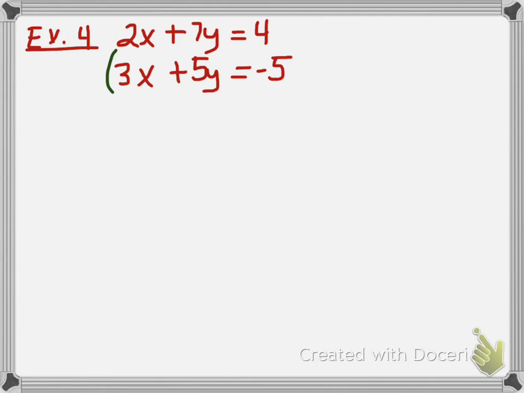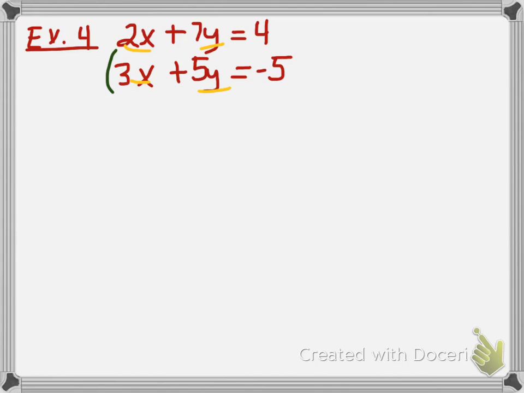So first of all, I need for you to analyze what's going on here. Look at the 2x, look at the 3x. 2 and 3, not even the same number, but of course both of those are x's. And then 7 and 5, not the same number, they both have y's. So right now the only thing we're looking for are those three things: same variable, same number, different signs.